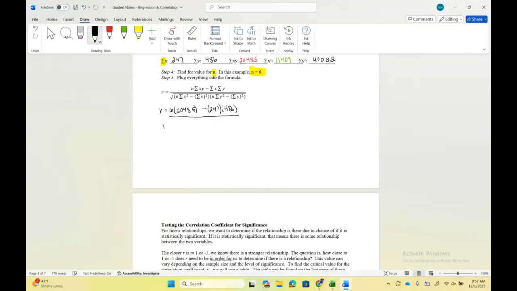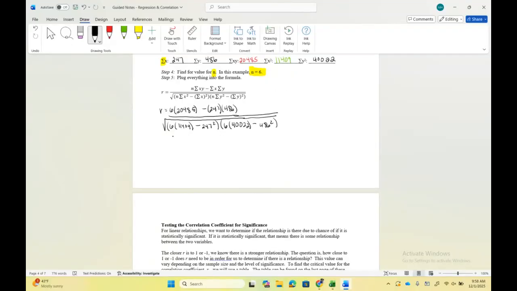All of that gets put over a big square root. n, which is 6, times the sum of x squared, so this 11,409, minus the sum of x, which is 247, to the second power. Then we have n times the sum of y squared, minus the sum of y, which is 486, squared.